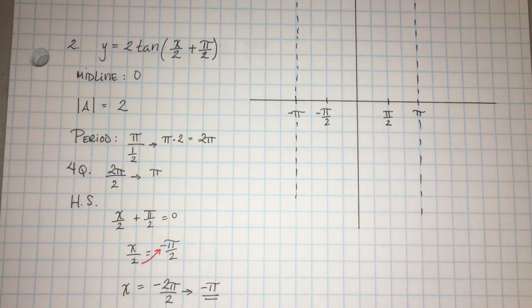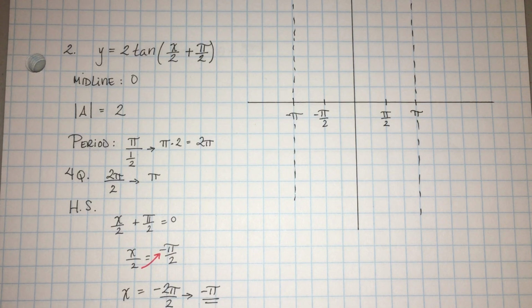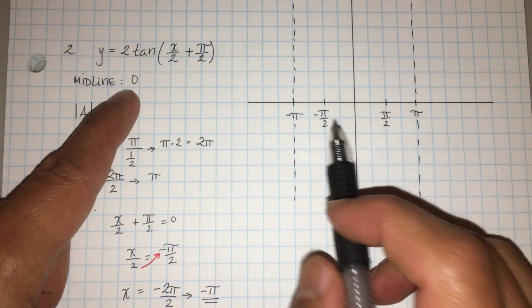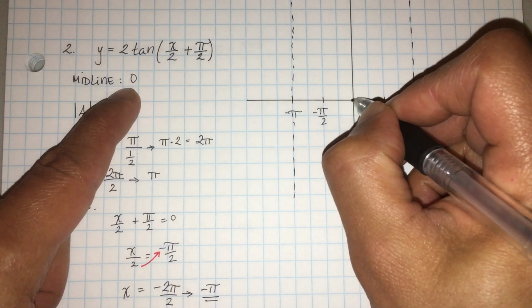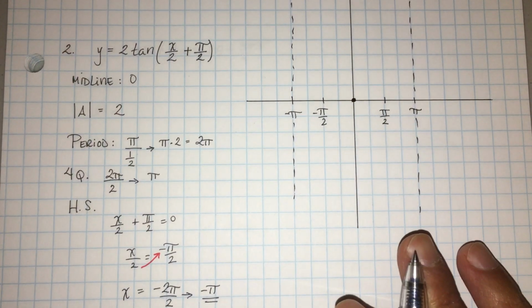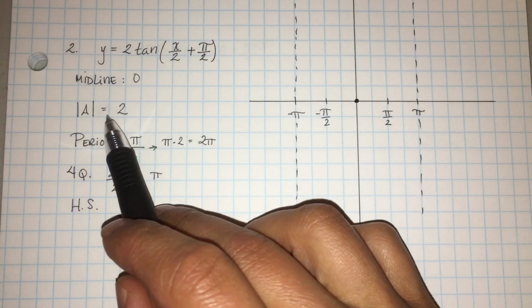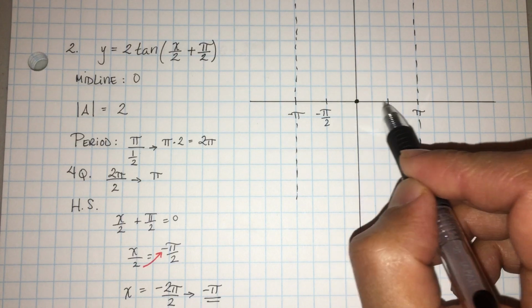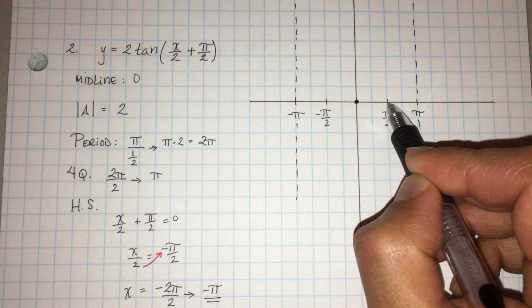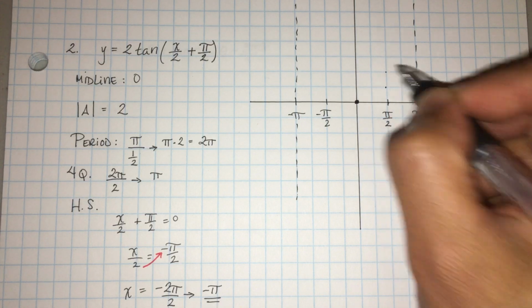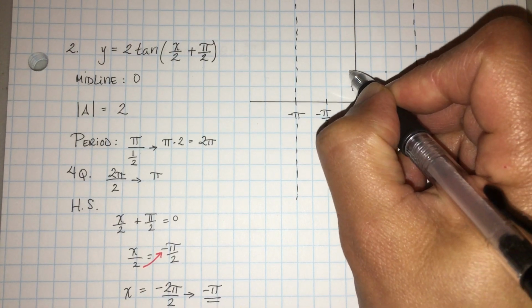So now let's go ahead and start graphing it. Where do I start? I start at my middle. Well, the middle is 0. Okay, great. Makes it easy for me. All right, now that means by the time I get to this guy, I need to be at the amplitude. So what's my amplitude? 2. So from here, the middle, we're going to count up 2 spaces. So this is 1 and this is 2.